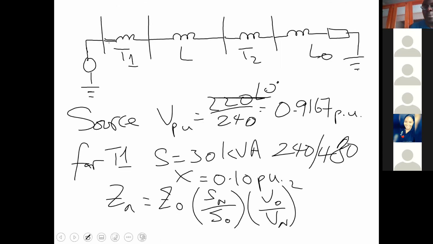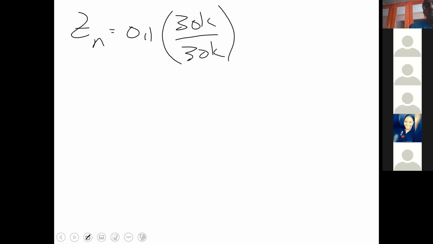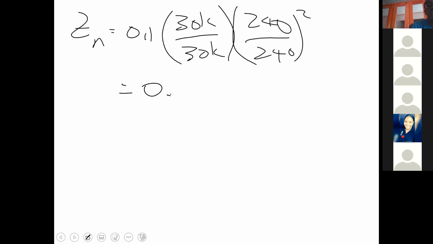So in this instance, for T1, Z new would be equal to 0.1 times 30K over 30K times 240 over 240 squared, which obviously will give you 0.1 per unit.